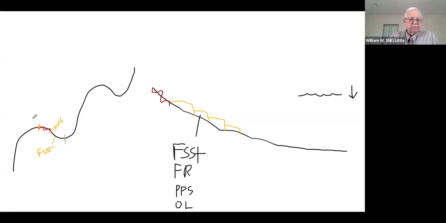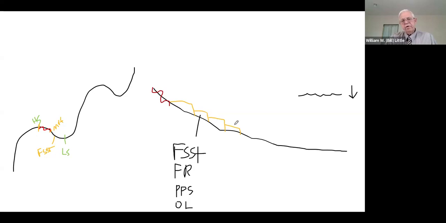So here's high stand. This is as low as the relative sea level or base level gets. So at this point, base level starts to rise, but is rising relatively slowly.